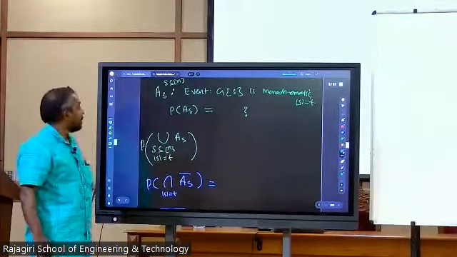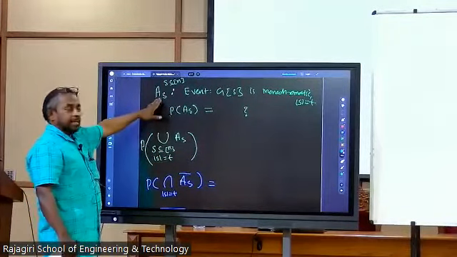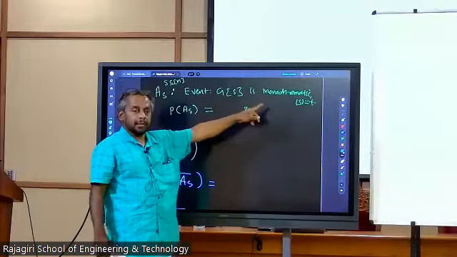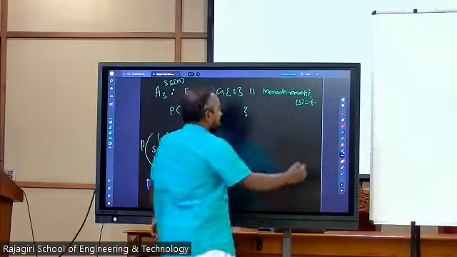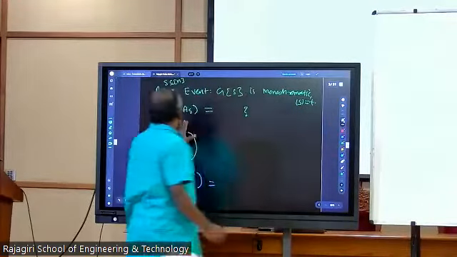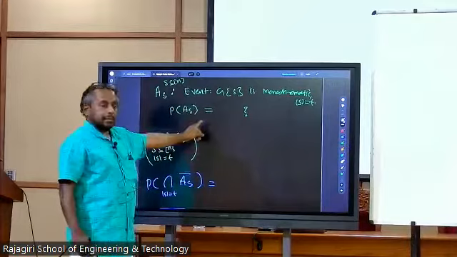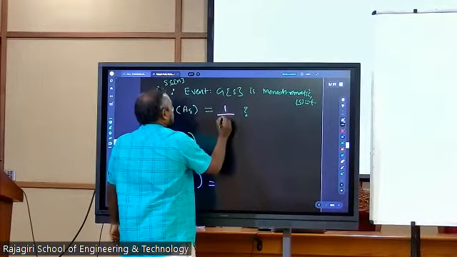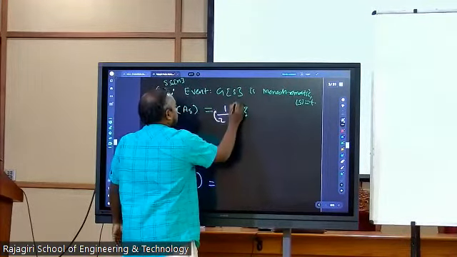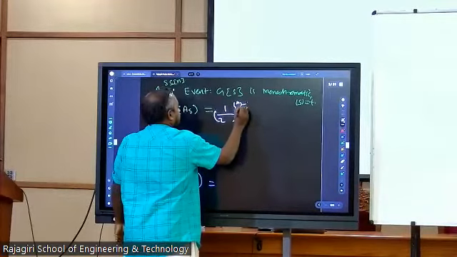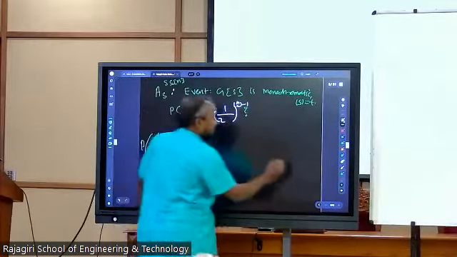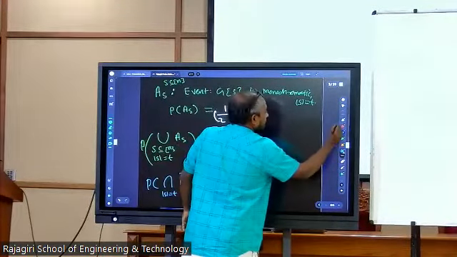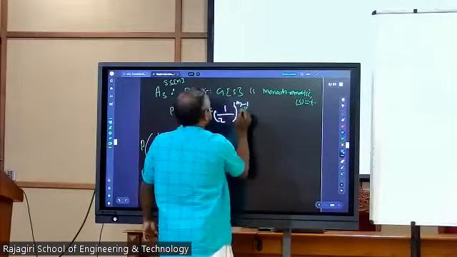Is that clear? So we define A_S to be the event that the induced subgraph of G on S is monochromatic, where the cardinality of S is equal to d. Then we know that the probability of A_S is going to be 1 by 2 whole raised to n choose 2 minus 1, right?